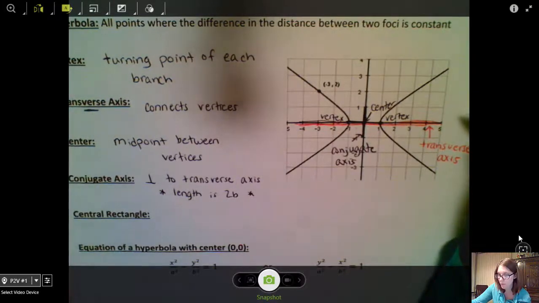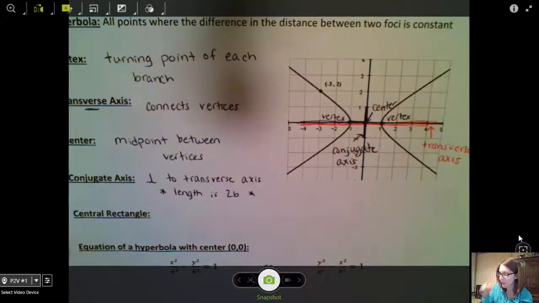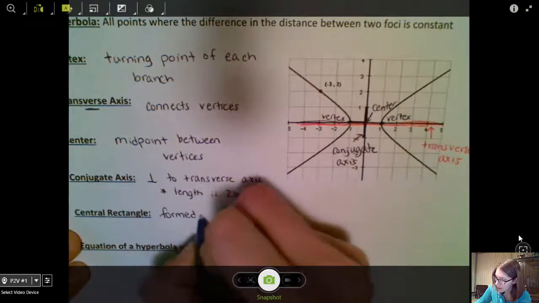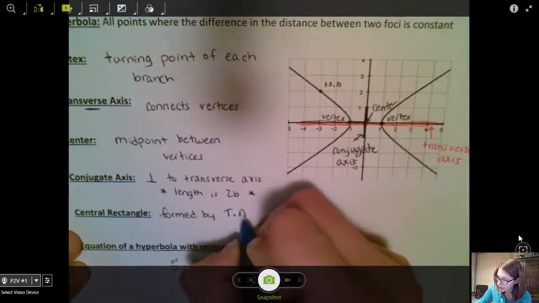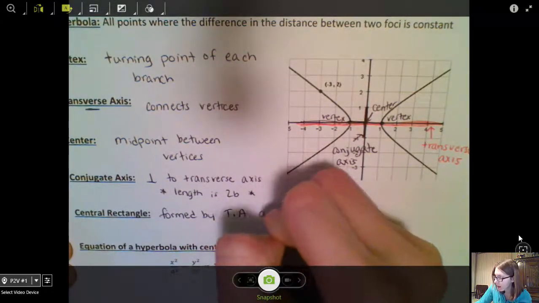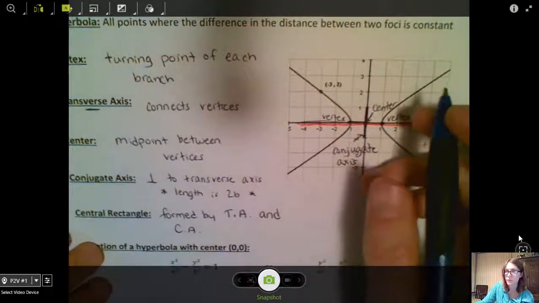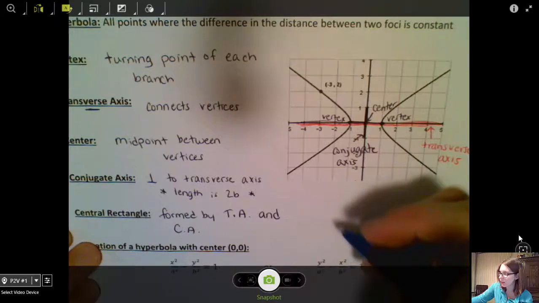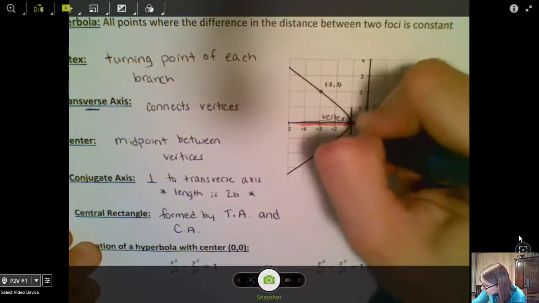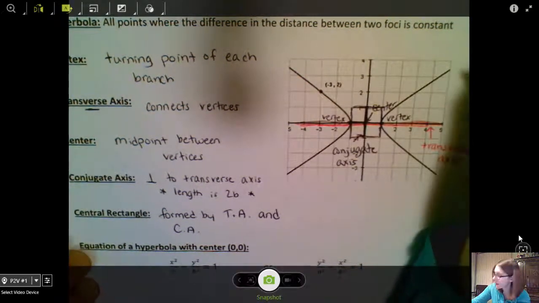Our central rectangle, the last vocab word here, is formed by our transverse axis, which I'm abbreviating TA, and the conjugate axis, abbreviated CA. Now that central rectangle, I'm going to draw that in here. You might think, okay, what is the point of this central rectangle?